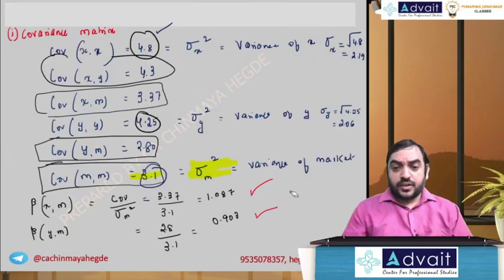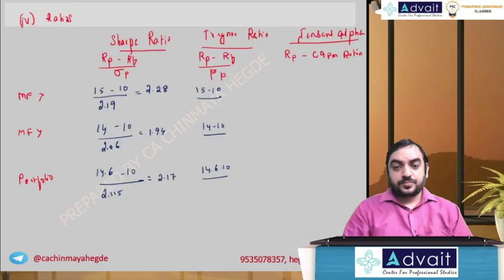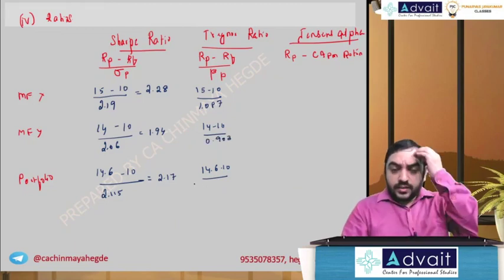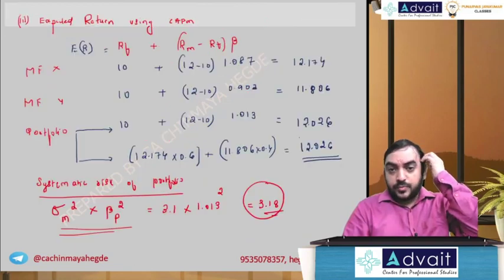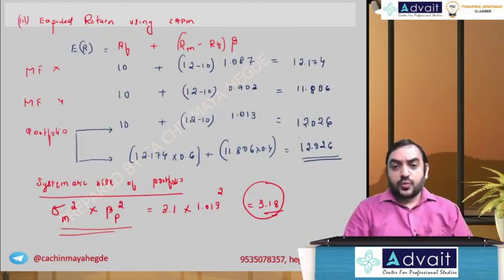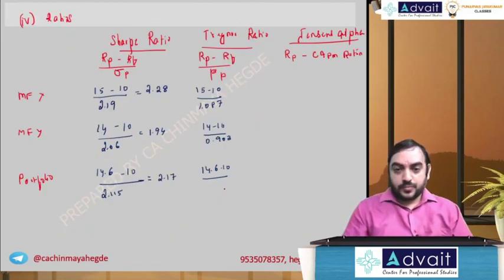Beta of X and Y are 1.087 and 0.903, and the portfolio beta we calculated as 1.013.